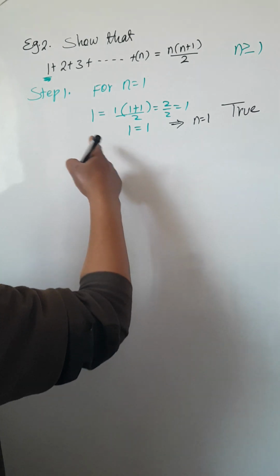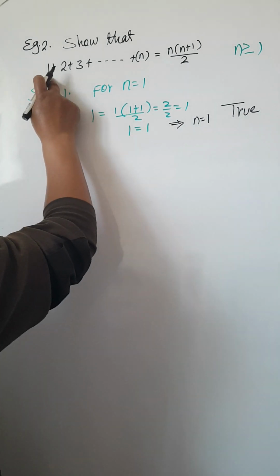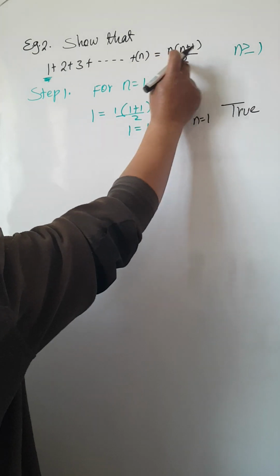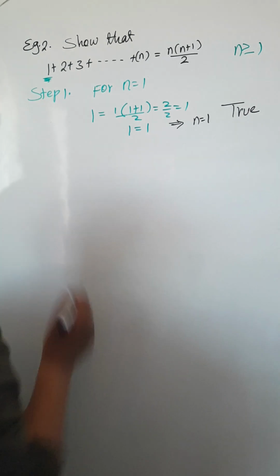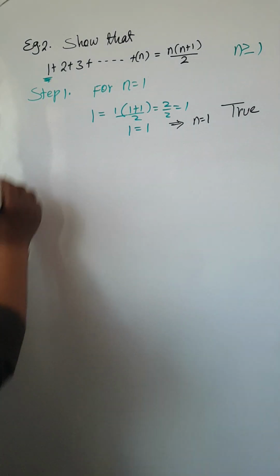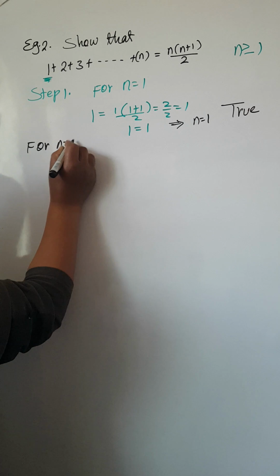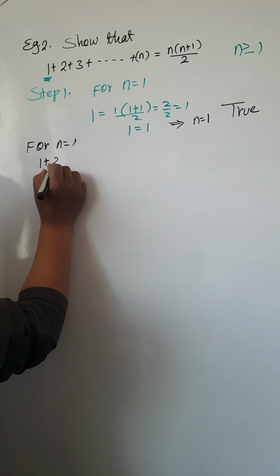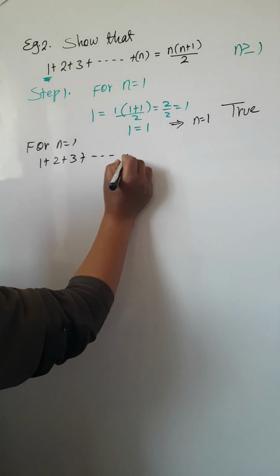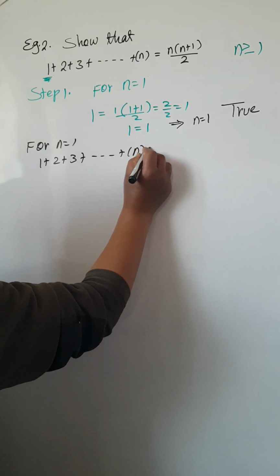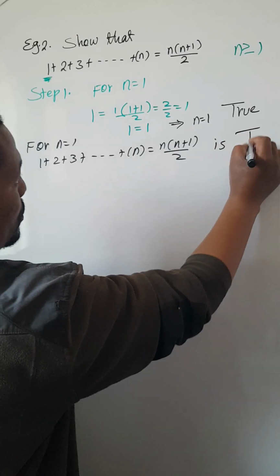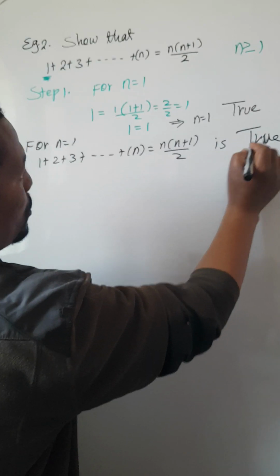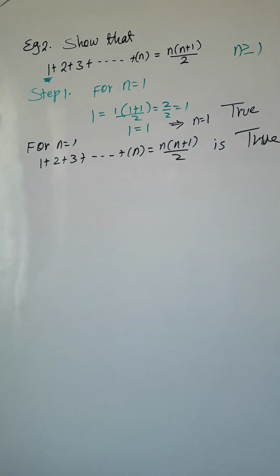For n is equal to 1, 1 plus 2 plus 3 plus, okay, plus n is equal to n into n plus 1 over 2 holds true. This is the first step.